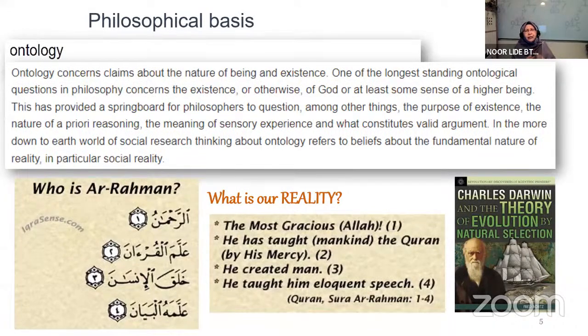Because the thing is that, if you look at research in the West and research in the Muslim world, ontology plays a very, very important role, because as Muslims, we do not accept the theory of evolution. Okay, because the theory of evolution says that it starts with the Big Bang, not that Charles Darwin mentioned it in the beginning, but scientists now are saying that it all started with the Big Bang, and then things just evolve.